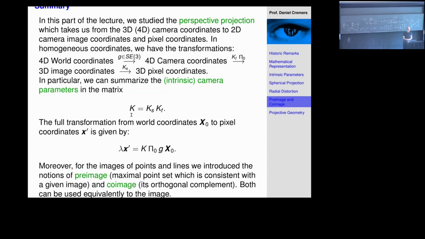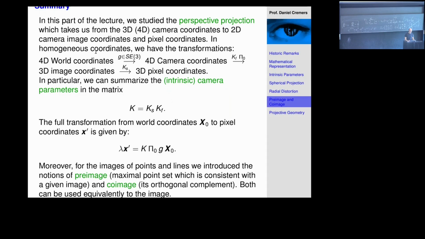So to summarize what we've seen so far, we talked about perspective projection in this chapter that allows us to go from 3D coordinates, or 4D if it's homogeneous coordinates, camera coordinates, to 2D camera coordinates and to pixel coordinates.